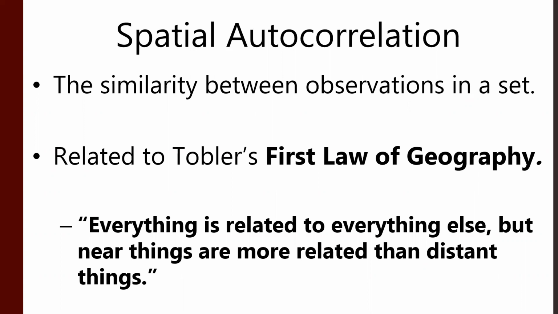This is related to a premise from the great Waldo Tobler, who said in a spatial econometrics paper, trying to understand economic geography, essentially, and in doing the work and the calculations, he basically said, well, if I had a computer fast enough, I'd find that everything is related to everything else, but near things are more related than distant things.